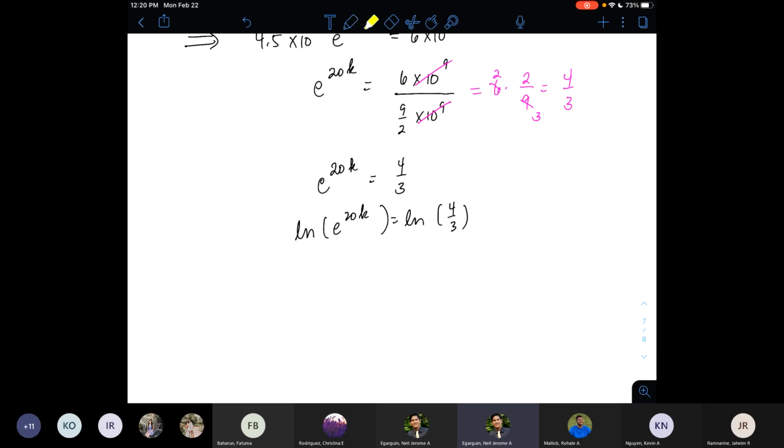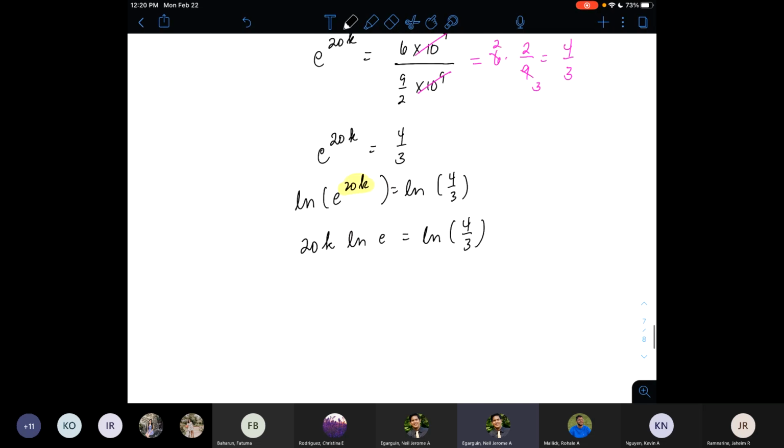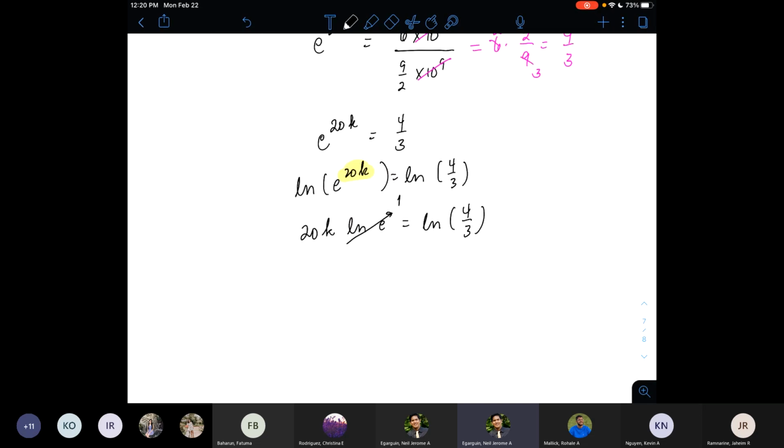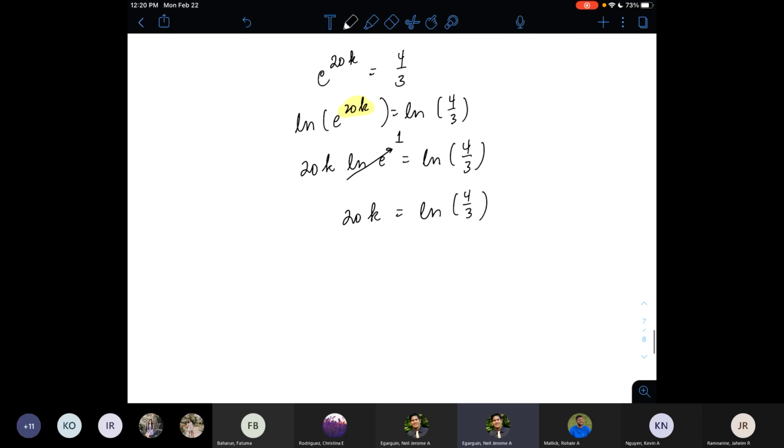I'll use the laws of logarithms, which tell us that if you have an exponent inside a log, it can come out as a coefficient. ln of e is just equal to 1. So we'll have 20k equals ln of 4/3. And then to find k, we simply divide both sides by 20.